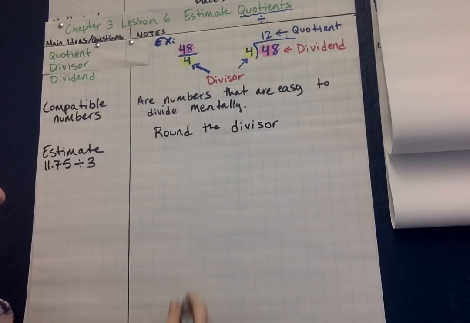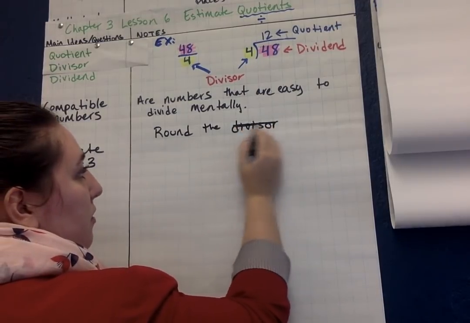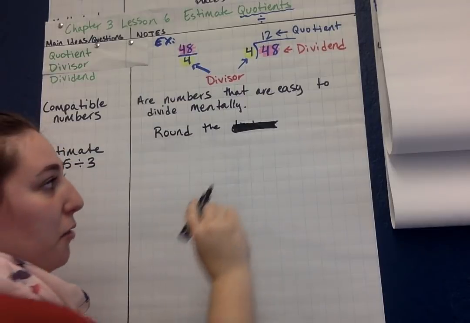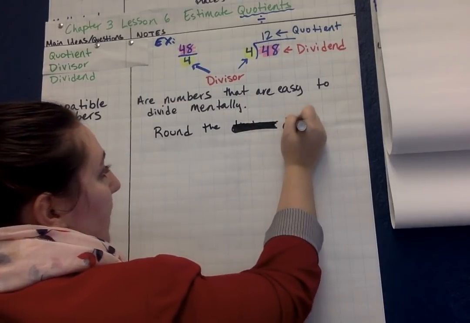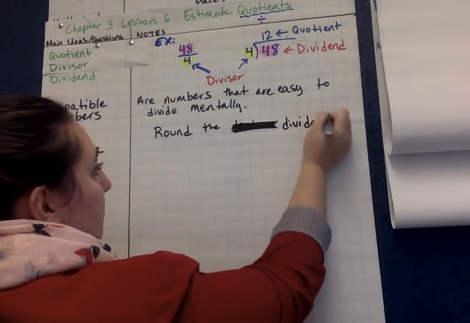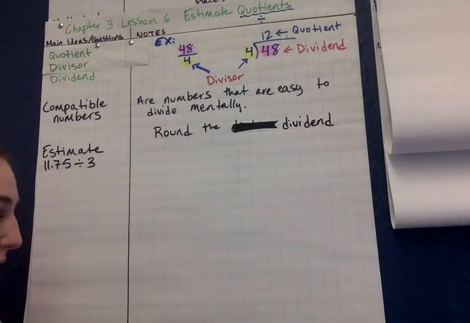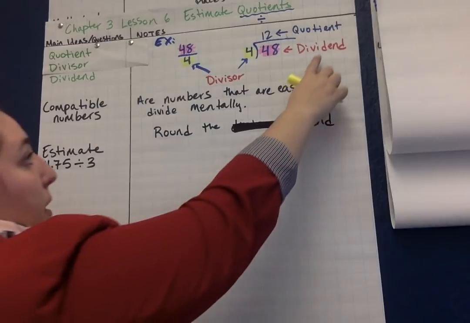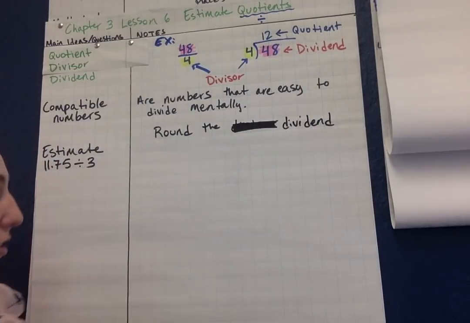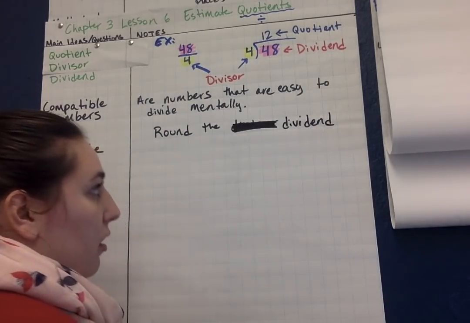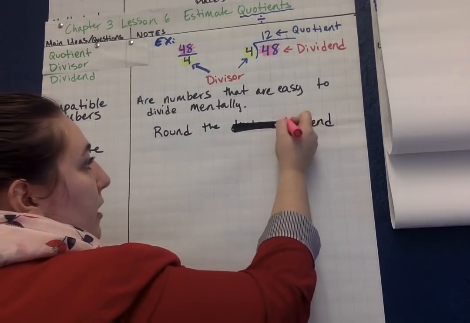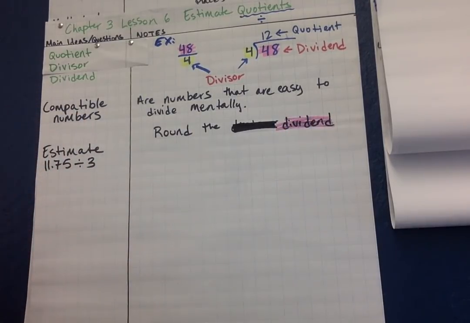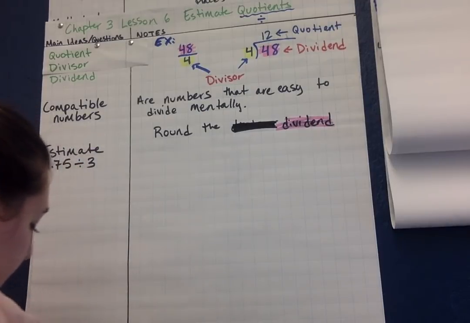Or I'm sorry, round the dividend. Let me just cross this off. You're lucky if you have an eraser. So we're going to round the dividend. And remember, our dividend is this pink highlighted color. That's our numerator, so I'm going to highlight this. We are going to be rounding the dividend.